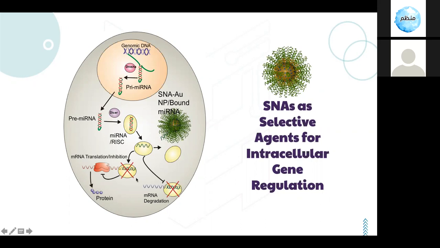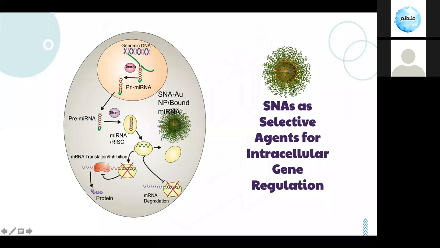And then when they bind it, basically you can kill cancer. If the gene is not present, they will not touch other genes. Other genes are protected. Only genes with mutations will be recognized, and then cancers will die. So this process is programmable. This process is digital. That's what I want to emphasize here.